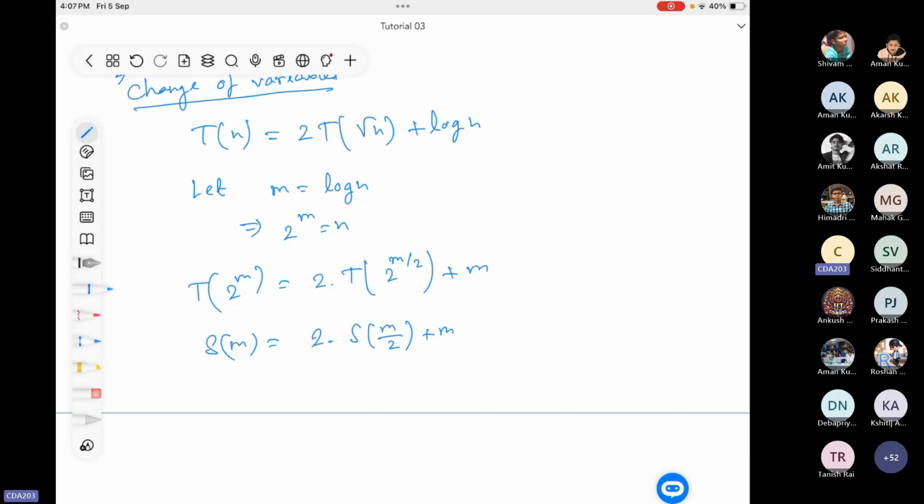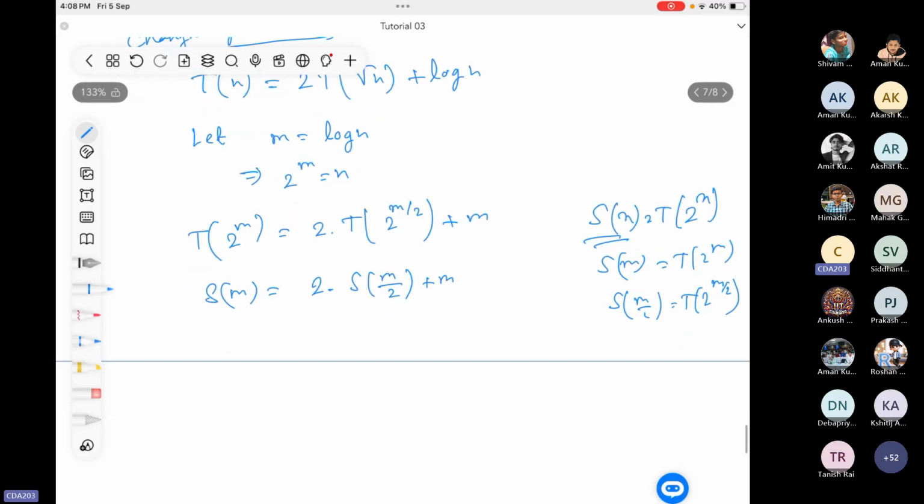I am considering S(x) as T of 2 to the power x. So if we consider this function S(x) as T of 2 to the power x, then S(m) is T of 2 to the power m, and S(m by 2) is T of 2 to the power m by 2. Clear?